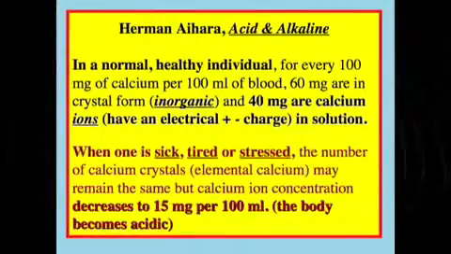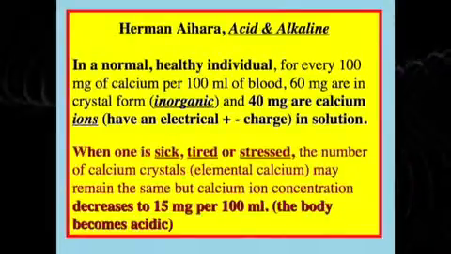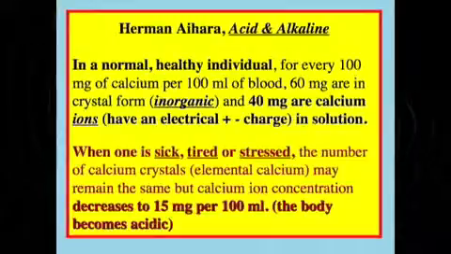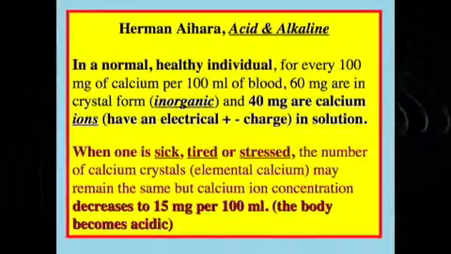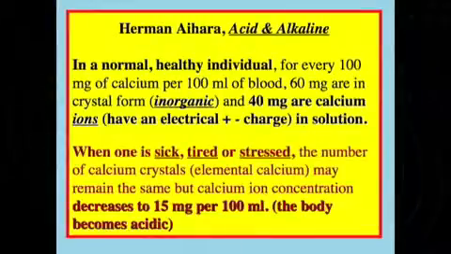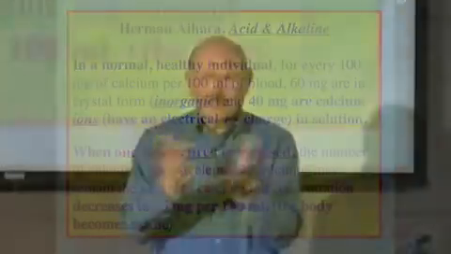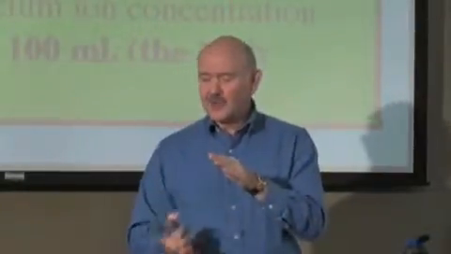But here's where the real rub comes. When one gets sick, when you're extremely tired, or if you're extremely stressed out, this ratio changes. Because what happens is that the inorganic pretty much stays the same. But the ionic organic minerals begin to drop.